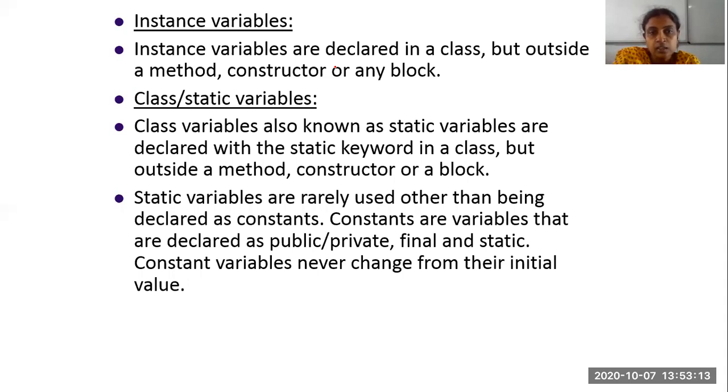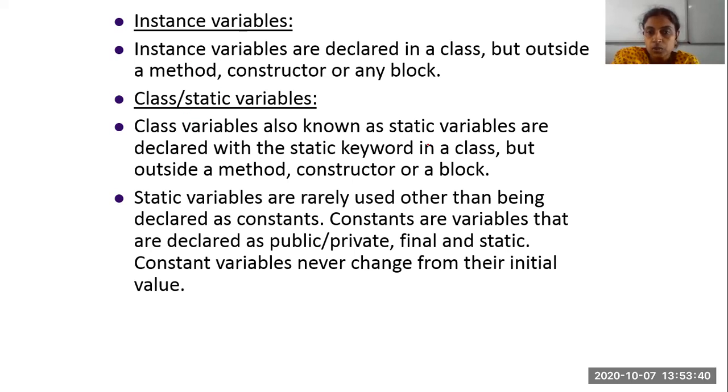Next comes the static or class variable. Whenever I declare a variable with the keyword static, I call that kind of variable a static variable or class variable. Static int a equals 5. Static float pi equals 3.14.